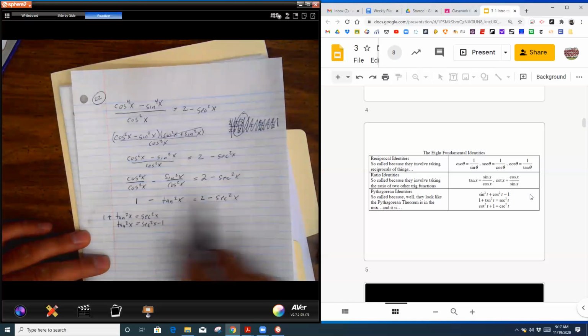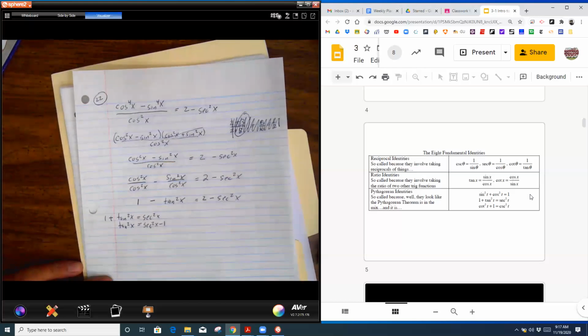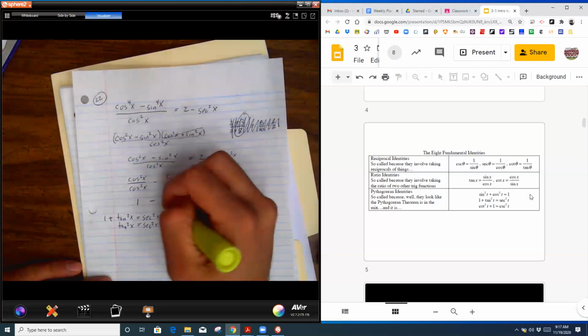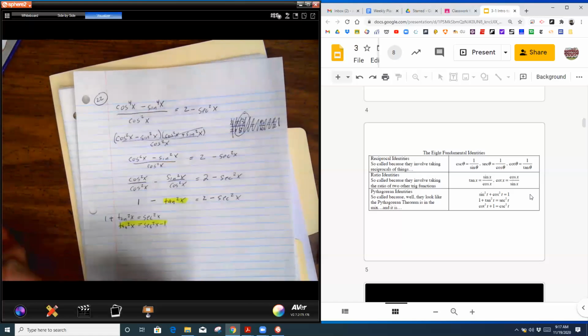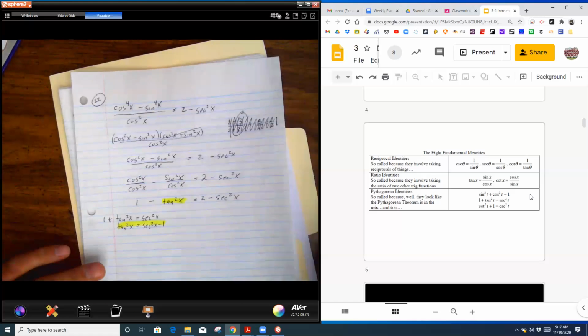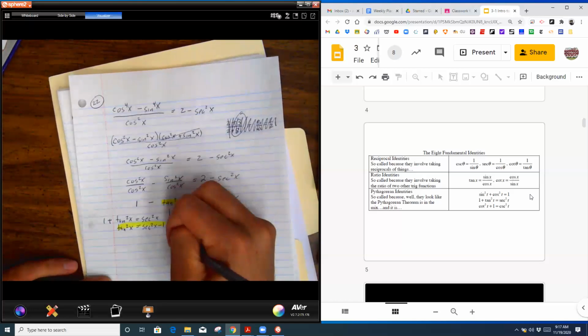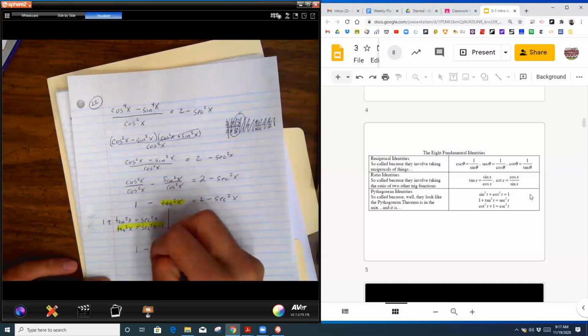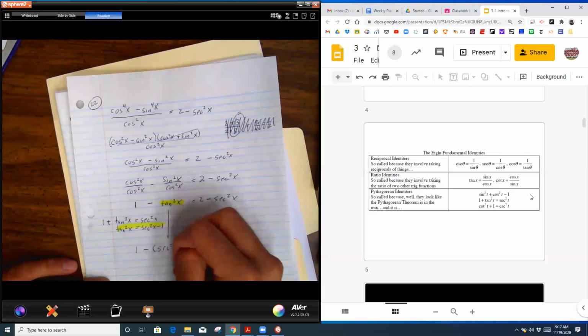Now you could substitute in secant squared minus 1 for tangent squared. And that's where the 2 is going to come into play. All right, we get 1 minus parentheses secant squared minus 1.